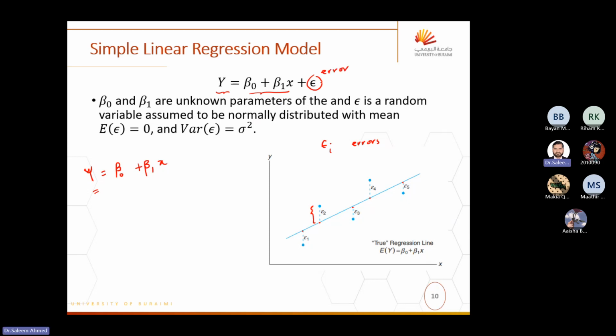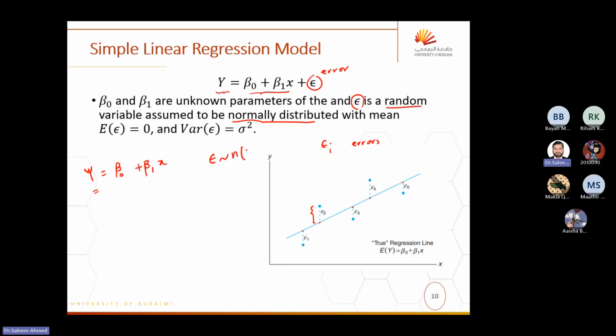But these error terms have the mean equal to 0. Means if you take the sum of all these error terms, it will come out to be 0. Along with their probabilities, because they say that this error term is a random variable and this random variable has a normal distribution. So this epsilon is a random variable who follows the normal distribution, right?